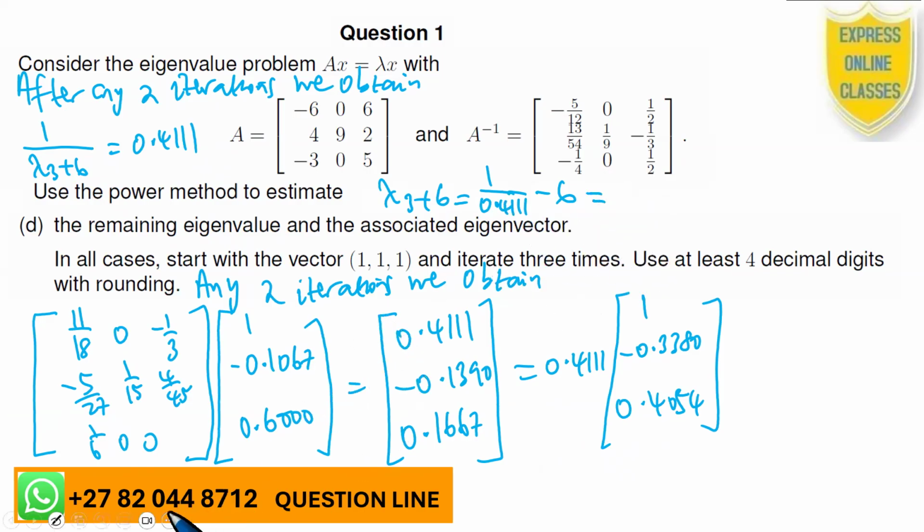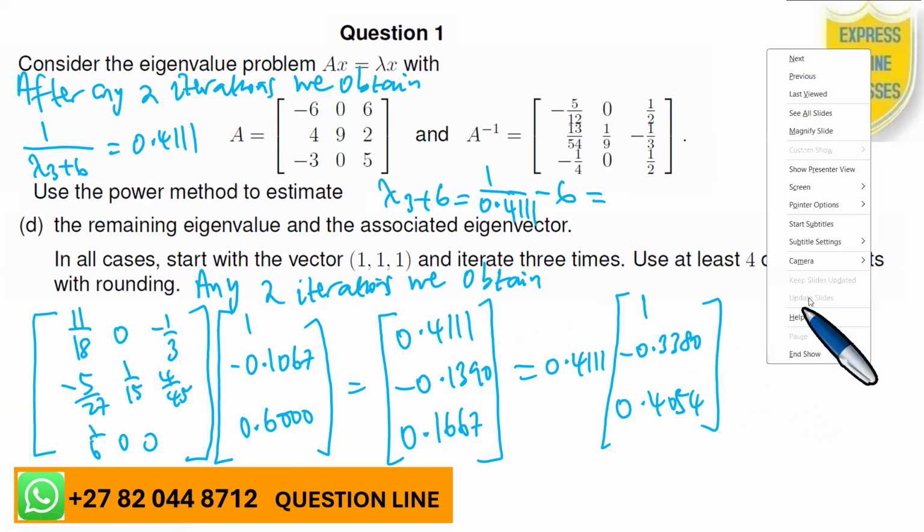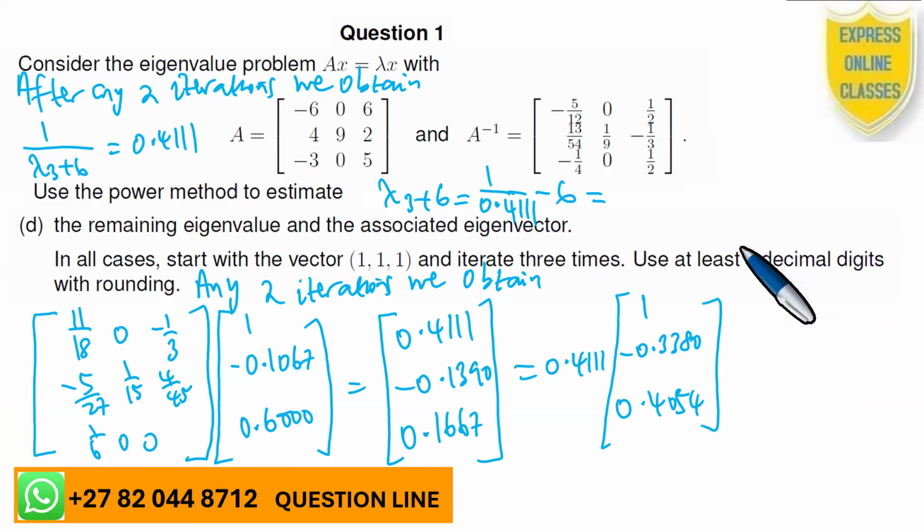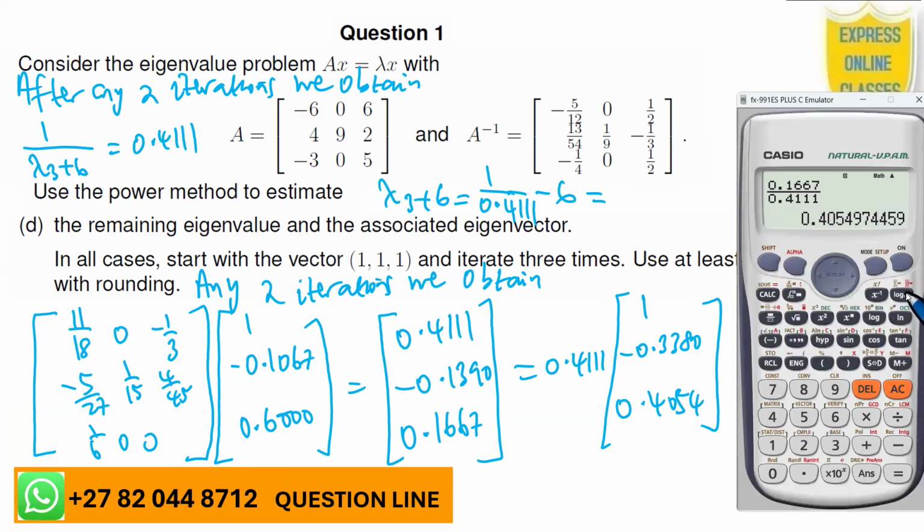Right, so now there's 1 out of 0.4123 minus 6.